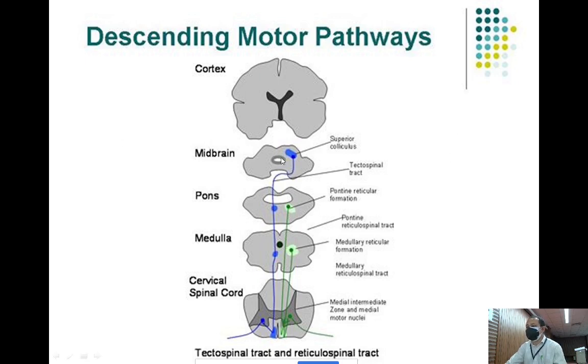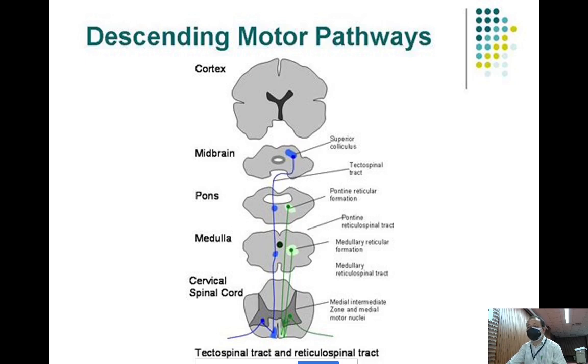It takes origin from the superior colliculus, descends, and this is another tract that crosses at the same level, the midbrain itself. It crosses to the other side.